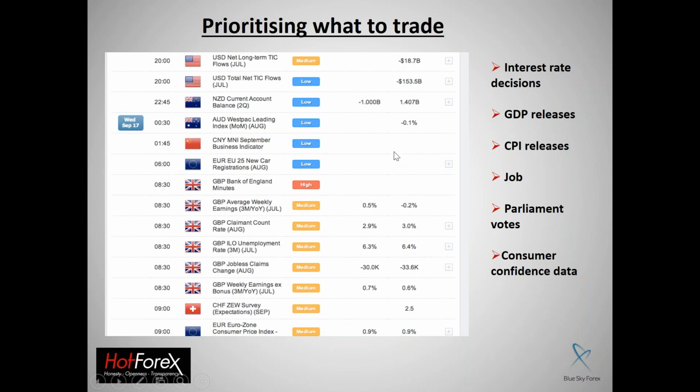Next to each news line, you'll be seeing two figures. One figure will be the previous or expected value, and the other will be the actual. Those three numbers are basically what you will look at.